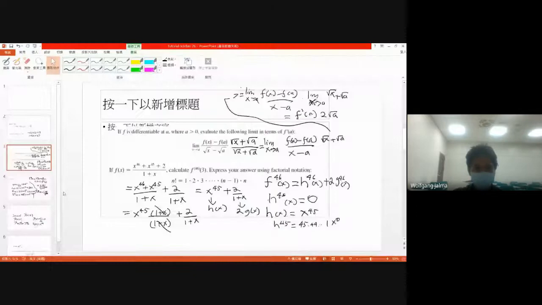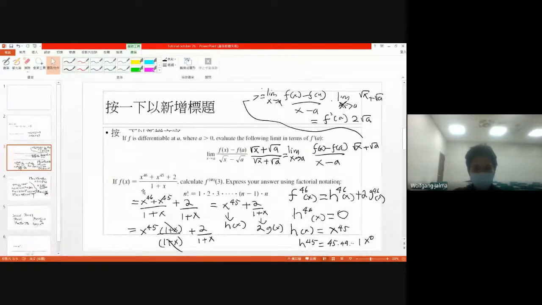Or not? Okay. So that's the main problem of the original function f: the power is composite. We have a positive power and also a negative power here.